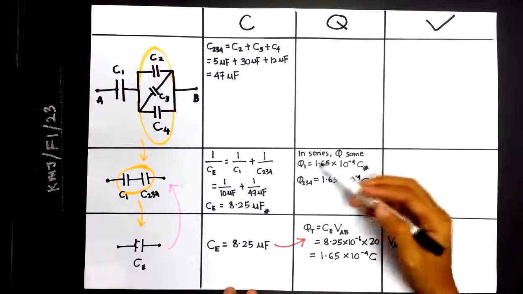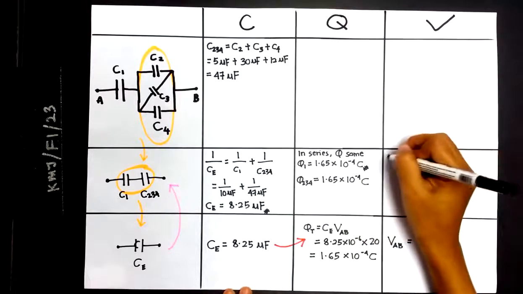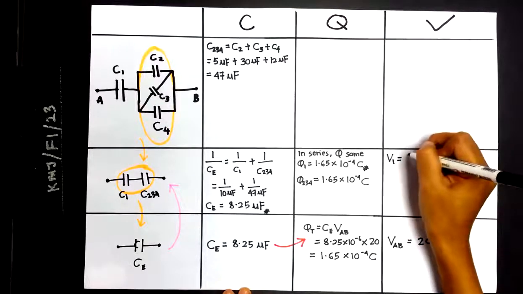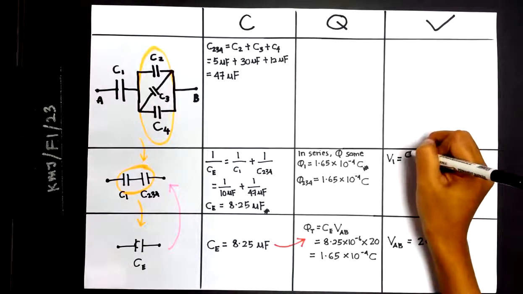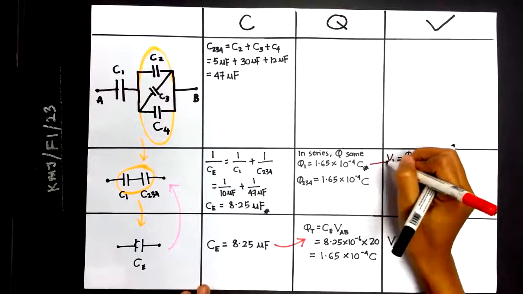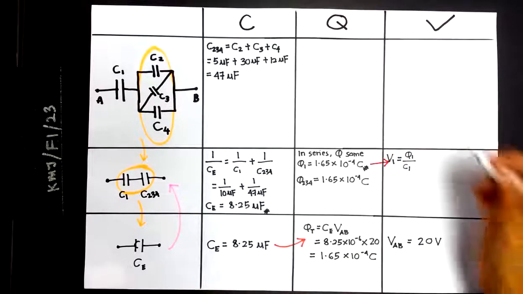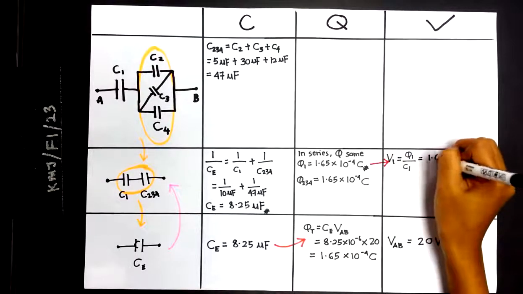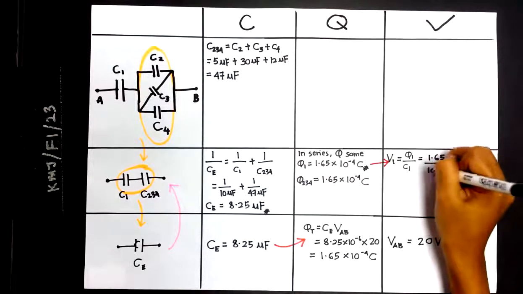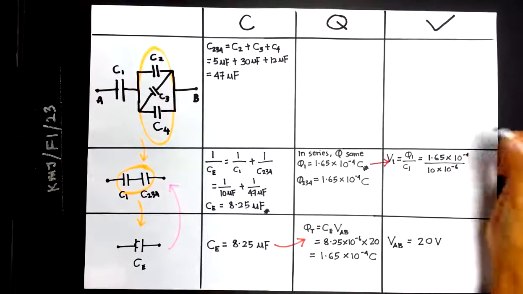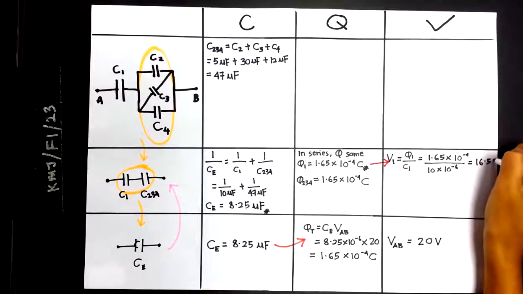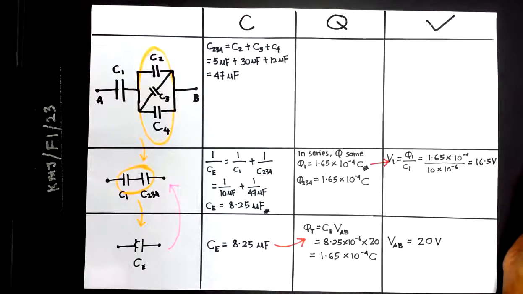From the value of Q1, we can get the voltage across capacitor 1. So V1 equals Q1 over C1. We use the value that we have calculated from the second column, substitute the values, and don't forget to add the prefixes for the capacitance and the charge. So the voltage across capacitor 1 is 16.5 volts.